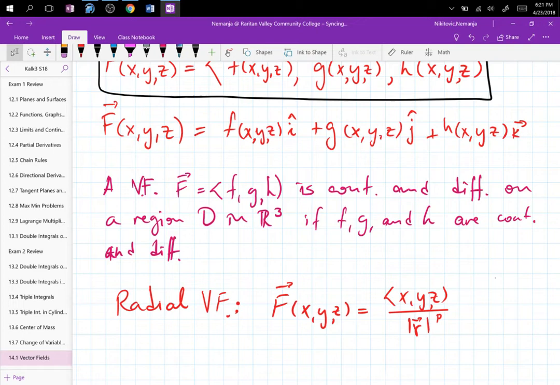So if that's some kind of source in the middle, then whatever is radiating out would go that way. And there's your flow. Please note that the arrows in the middle are longer than the arrows that are around the walls.